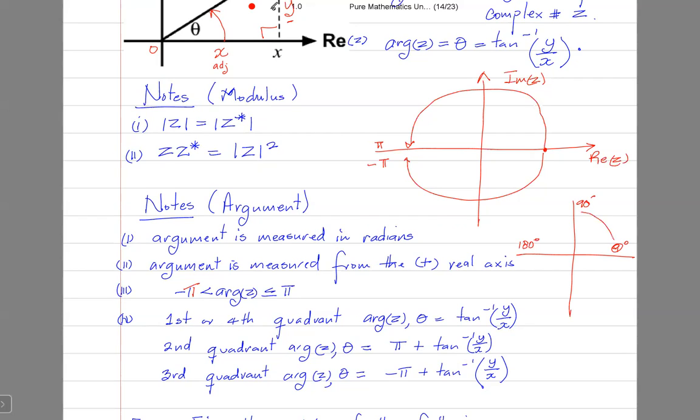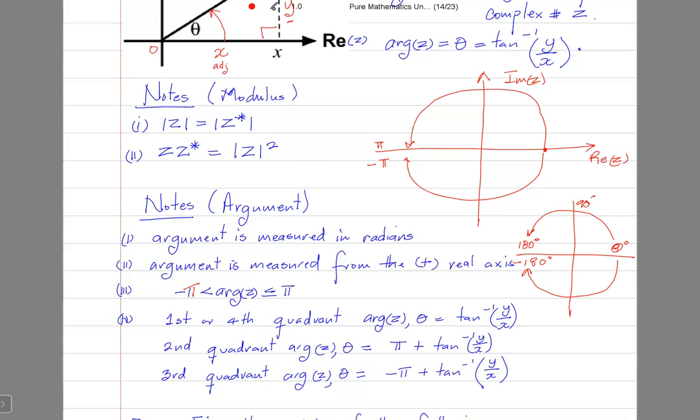Going in this direction, it is from 0 to 180 degrees. Going in the other direction, it is from 0 to minus 180 degrees. So angles going from the positive real axis in an anti-clockwise direction are viewed as positive.